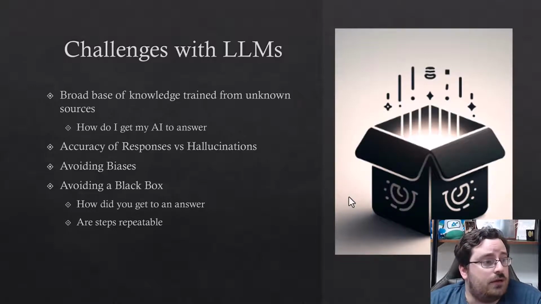Some of the challenges are around avoiding biases. I worked with a large bank a number of years back who used AI to determine whether or not to approve loans. The AI tried to piece together a bunch of different connections to whether or not it should approve a loan. It determined that it should deny everyone that lives in a certain area code because they seem to default on the loan.